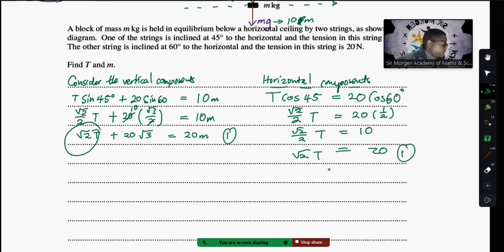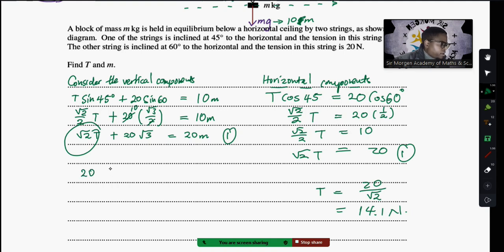By the way, from there we can simply say T is equal to 20 over root 2, which is 20 divided by root 2, and that gives me 14.1 newtons. Super.